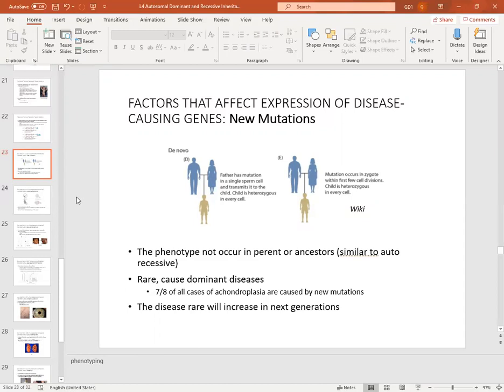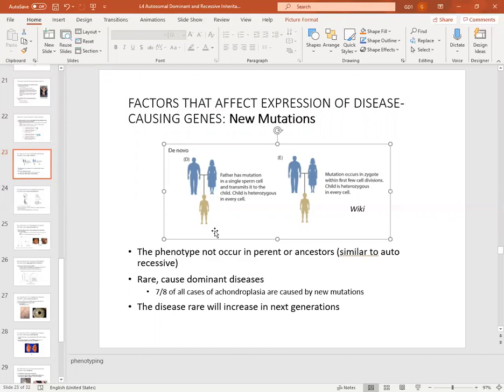So first is a new mutation. A new mutation is like the picture visualizes. The parents don't have a mutation, don't have any kind of disease, but the baby has it.